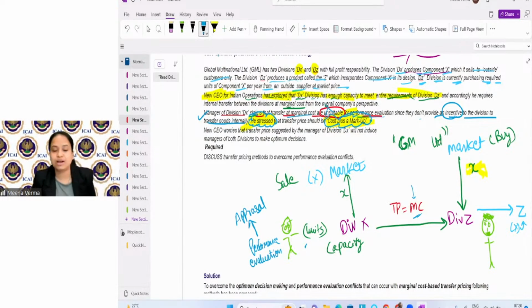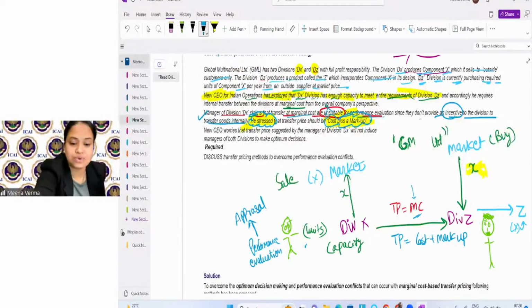So he is stressing that the transfer price should be cost plus markup. Instead of marginal cost, he is stressing that cost plus markup should be the transfer price. He is stressing that no, this should be the transfer price, right? Because he wants to earn the incentives, right?